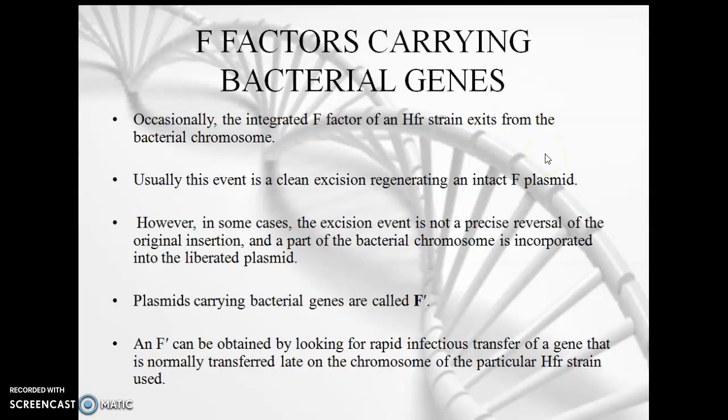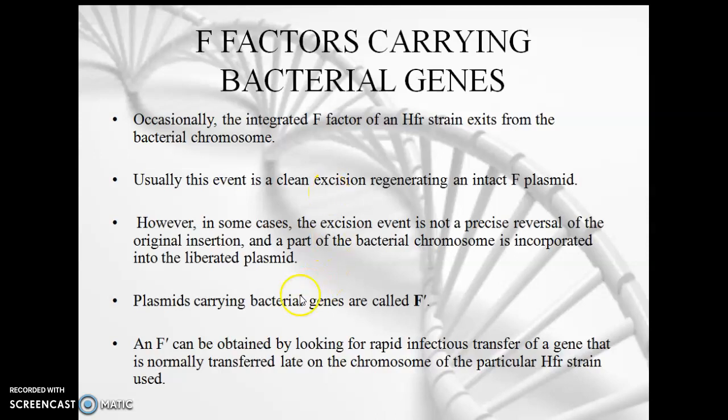We discussed gene mapping in bacteria by interrupted mating. Now let's see the F factors which carry bacterial genes. We have already discussed this. Sometimes the integrated F plasmid or F factor moves away from the integrated state back to the cytoplasm, and sometimes while doing so, it might carry some of the bacterial chromosomal genes along with it.